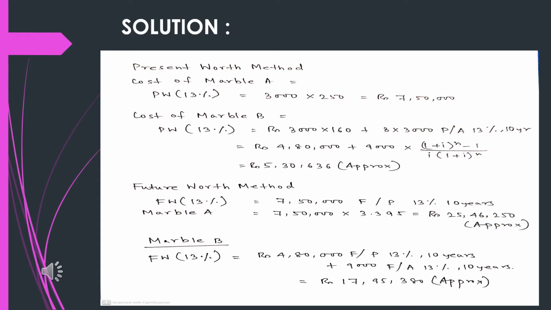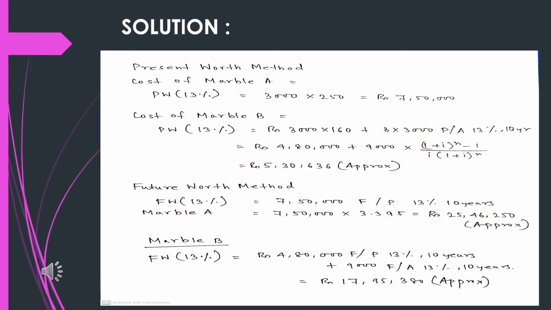Adding the values up, we get approximately rupees 5,30,636. So if we consider option A and option B, since both are costs to us, the lesser the cost the better for the organization. So the organization should opt for the installation of marble B.